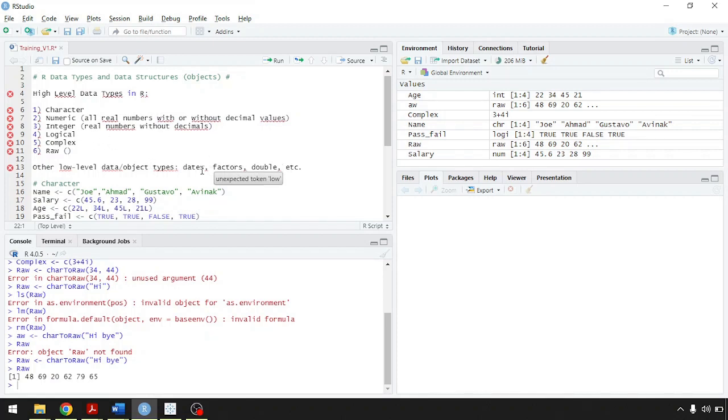For example, dates are a combination of integer values, or let's say factors. Most of the time, it's character values. Double is a type of numerical value.